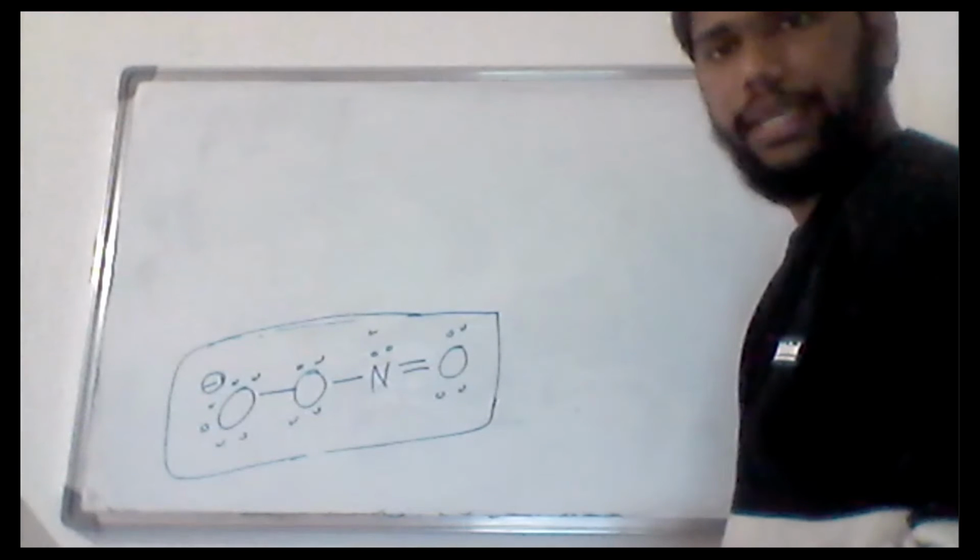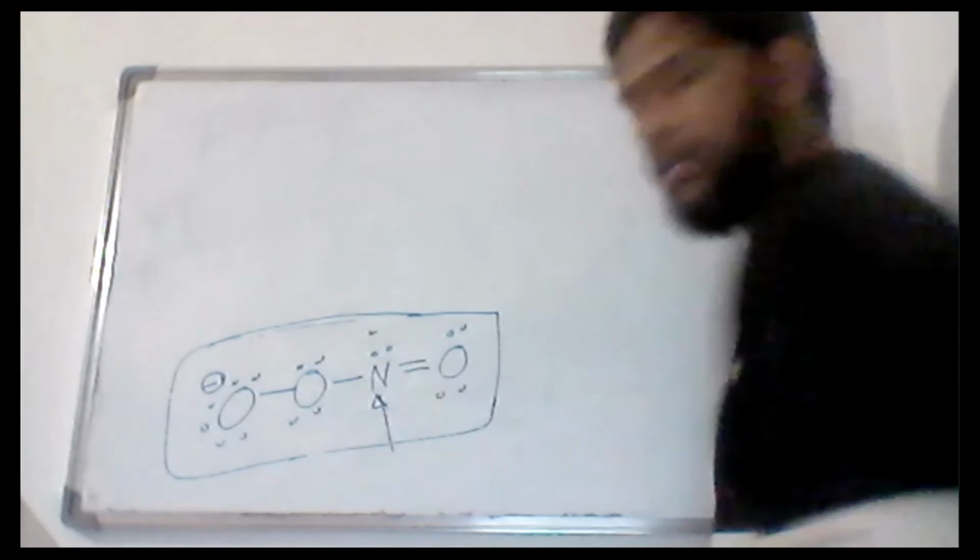Okay, so now this is a more stable Lewis structure. Okay, so first they are asking about nitrogen, the shape around nitrogen.